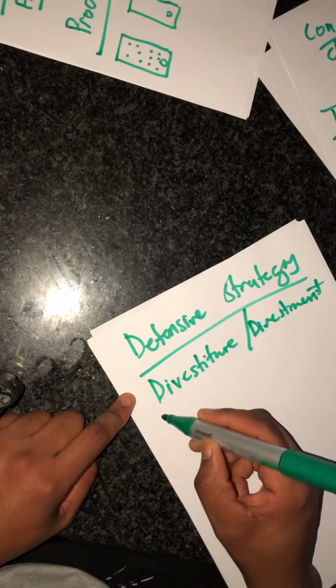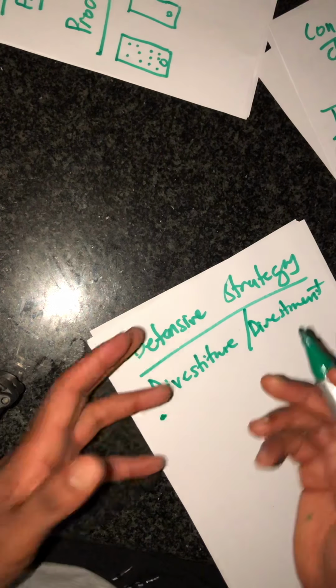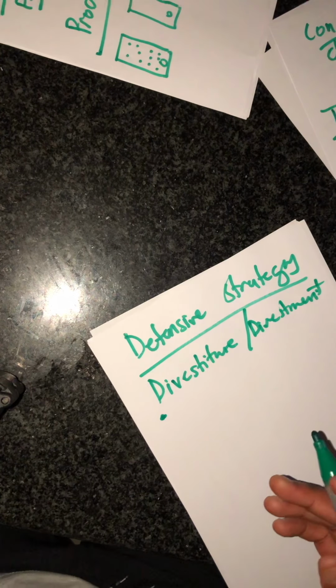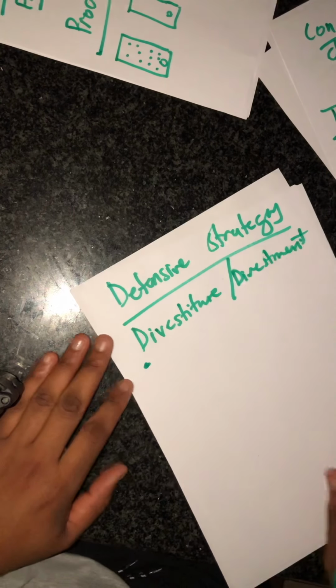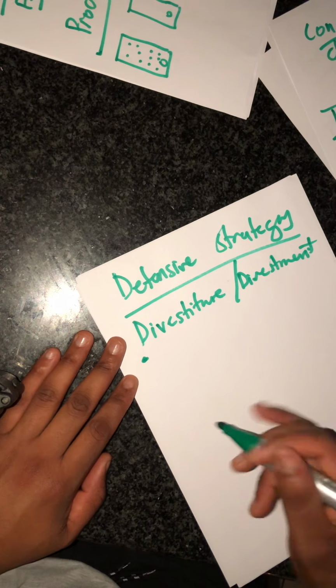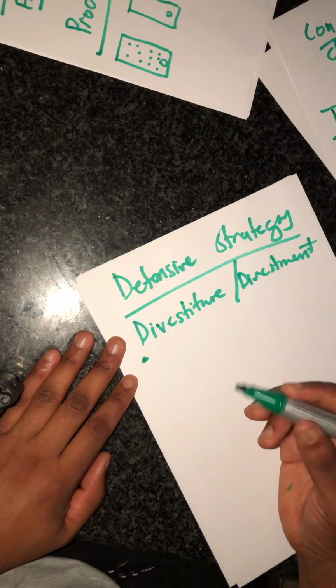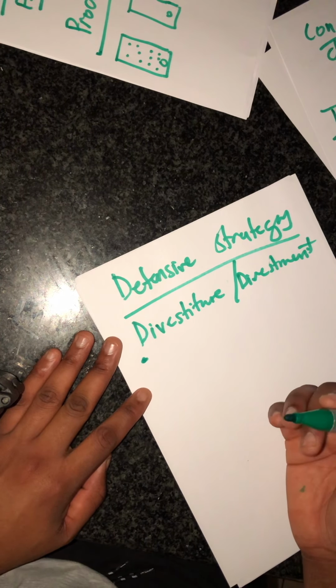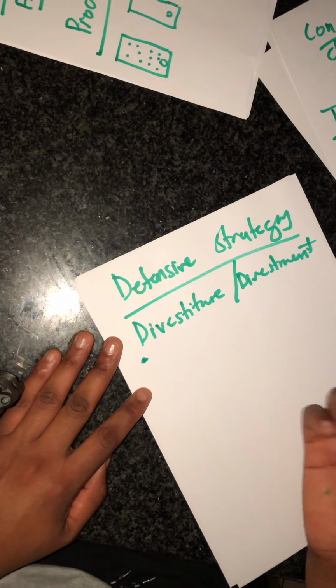It is when a business faces difficult times where it's no longer making money in the market, and it decides to sell some of the assets or divisions that are no longer profitable or productive.